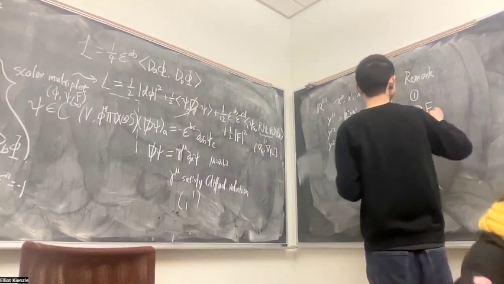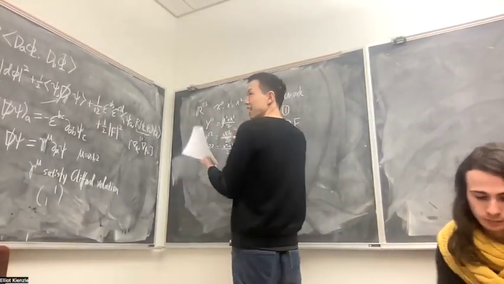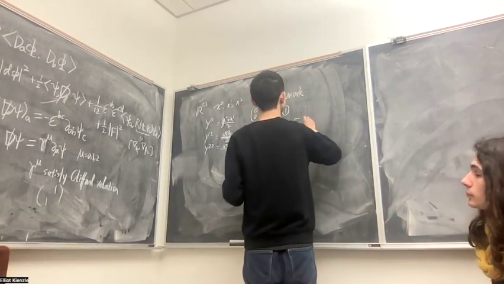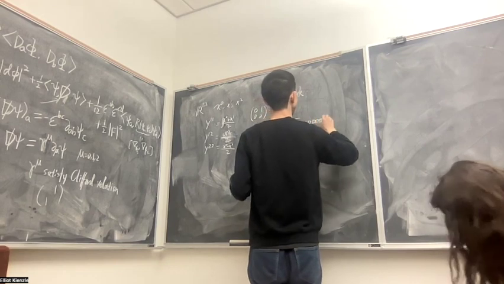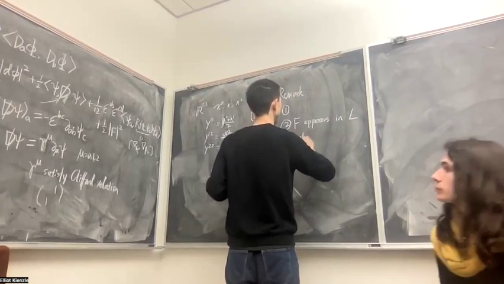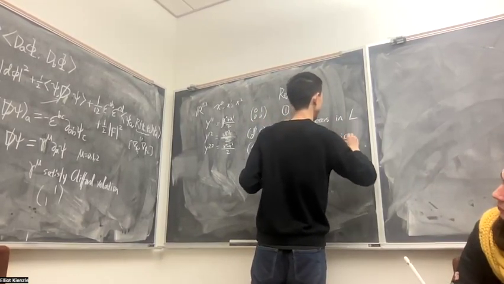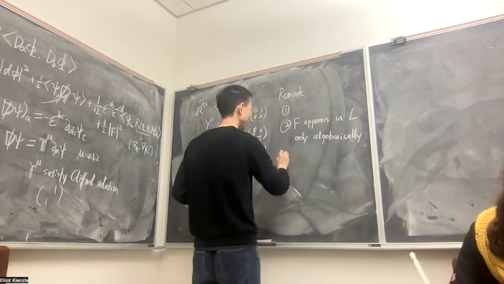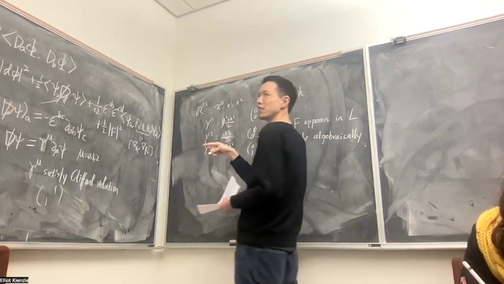So what you'll see is that F appears in L only algebraically, meaning it has no derivative. So this means that we can actually eliminate F using the equation of motion.